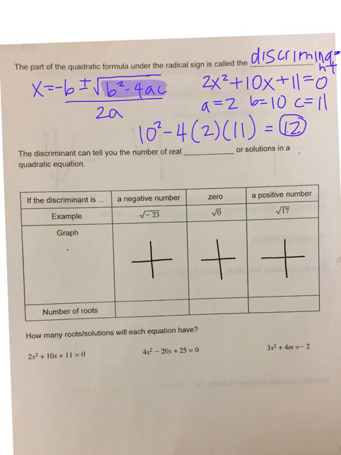Why is that important? Well, the discriminant can tell you the number of real roots or solutions in a quadratic equation. So, let me show you my examples. If your discriminant is a negative number, your graph will look like this. I hope it looks better than that. It doesn't touch the x-axis, which means there are no roots.